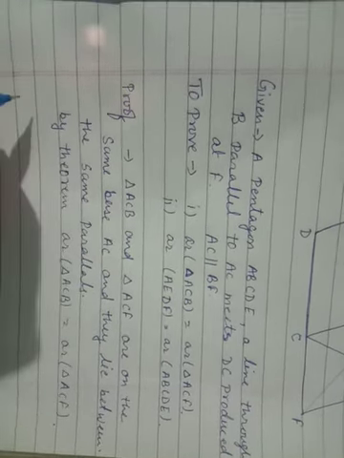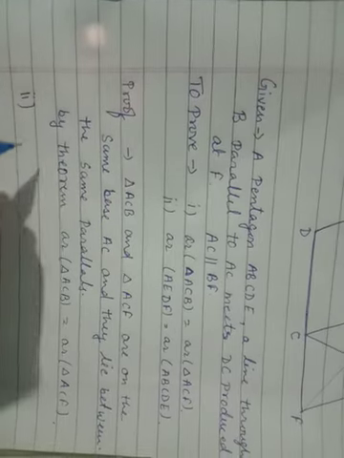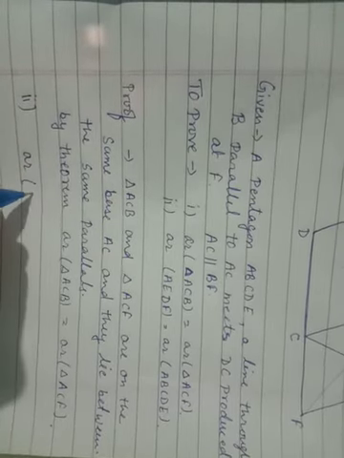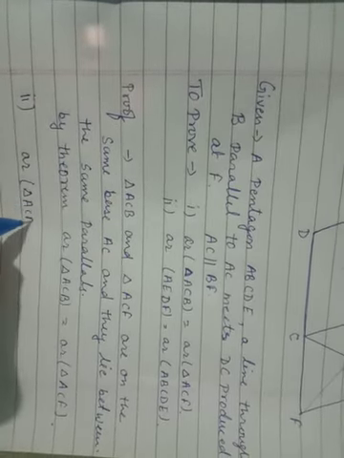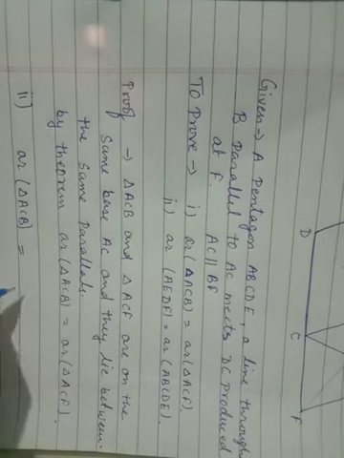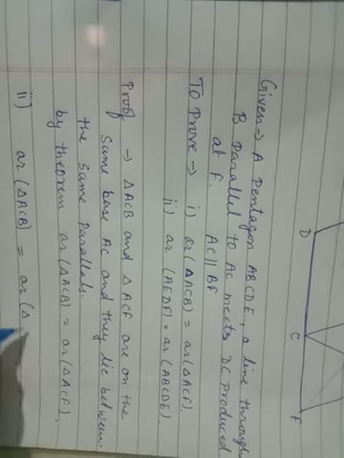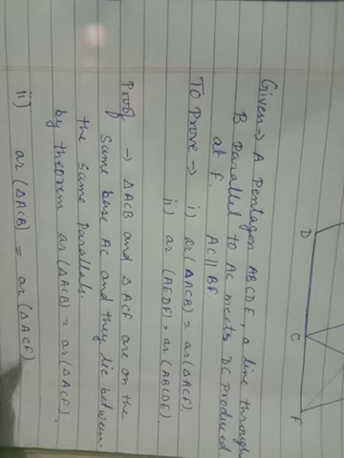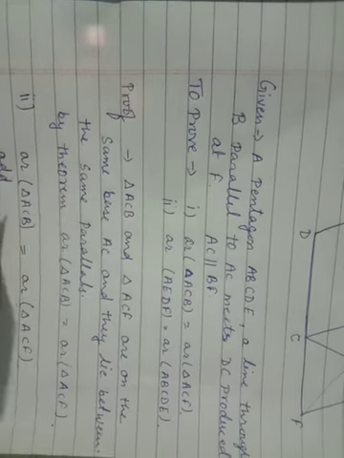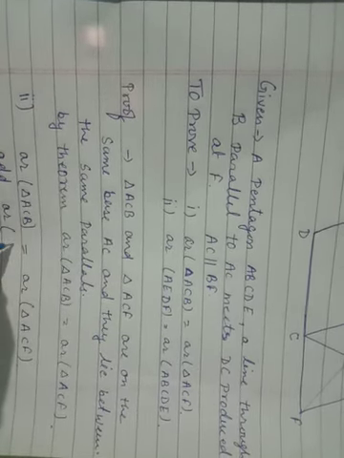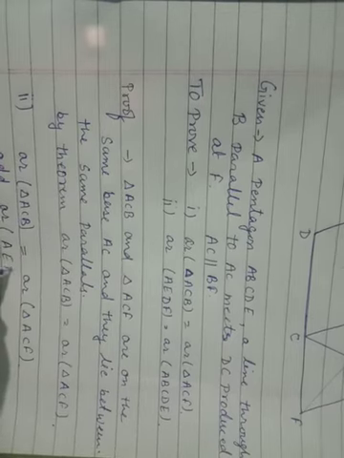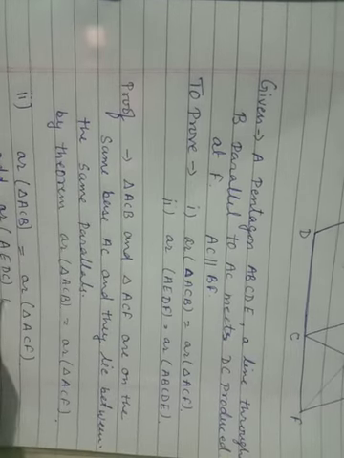So second part of the question, we take area of triangle ACB is equal to area of triangle ACF. Add area of AEDC both the sides.